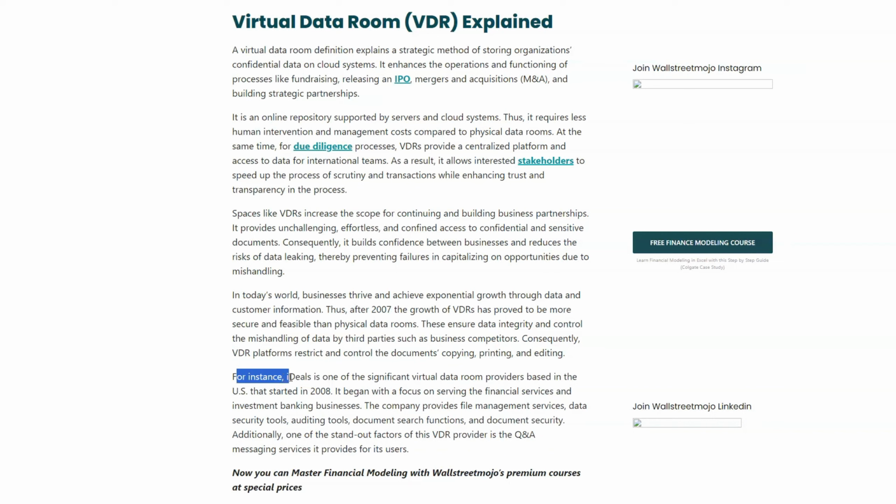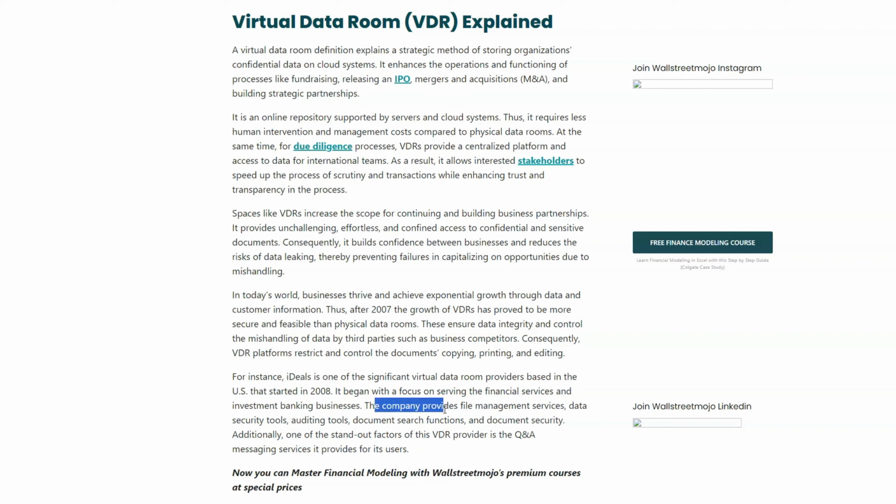For instance, Ideals is one of the significant virtual data room providers based in the US that started in 2008. It began with a focus on the financial service and investment banking business.